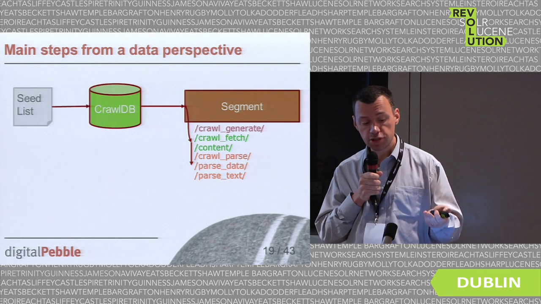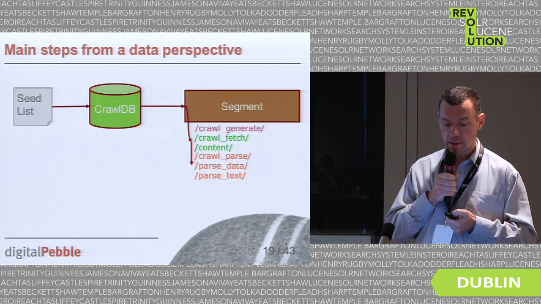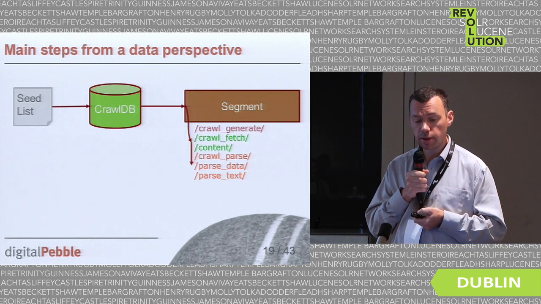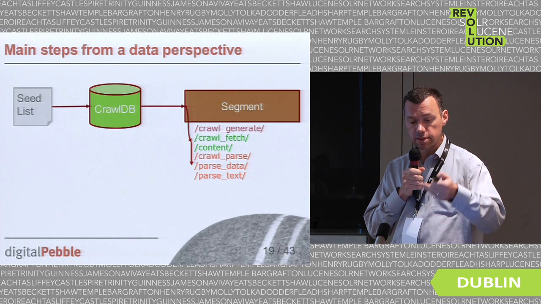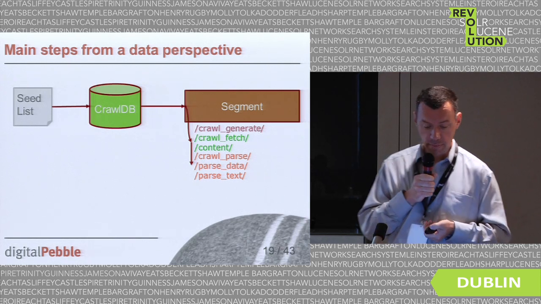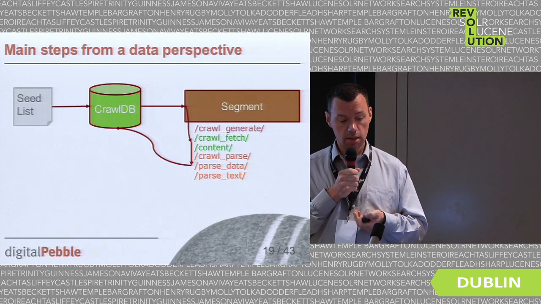At this stage, the content is still binary. It's just a byte array, pretty much, until we get to the parsing, where we add another status, also some metadata that could have been extracted from the documents, and the actual text of the document.